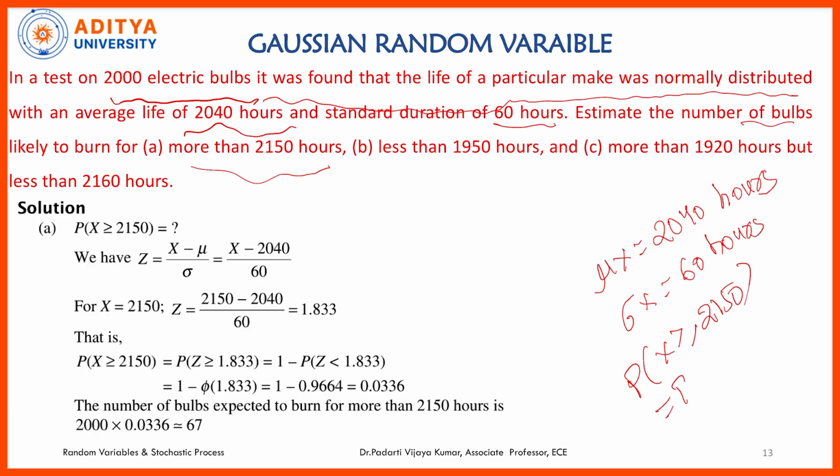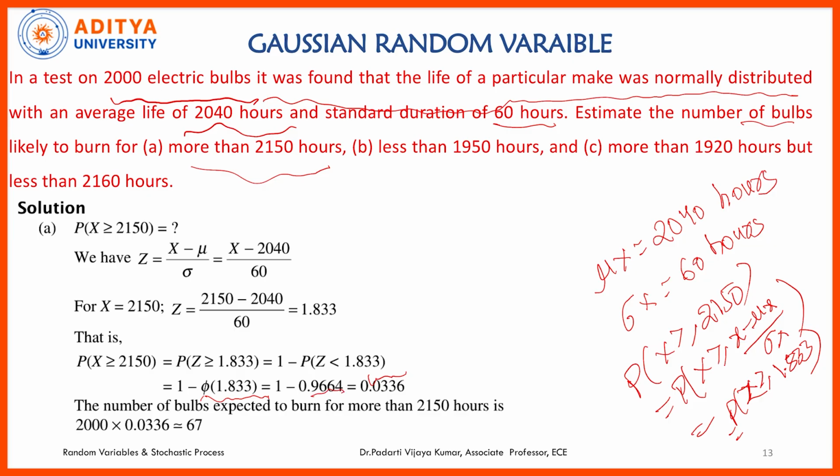This can be written as probability of z greater than (x minus mu x) by sigma x. Substituting 2150 minus 2040 by 60, we will get probability of z greater than or equal to 1.833. So, 1 minus probability of z less than 1.833, which can be computed using the Q function as 1 minus phi of 1.833.